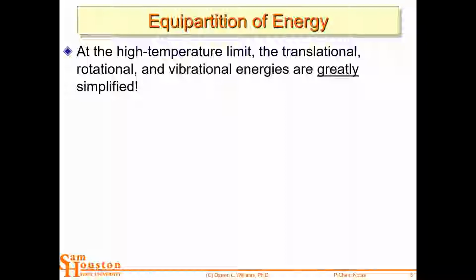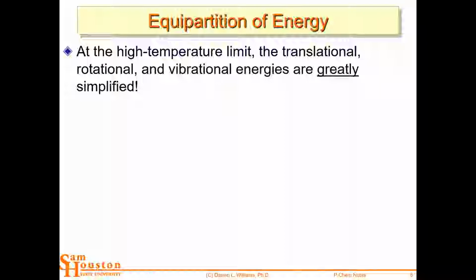So we're treating all the states as equal probabilities. Think of a 2-level system at really high temperatures. The probability of being in the excited state and the ground state approaches 50-50. That would be an equipartition condition, where they're equally partitioned between the upper state and the lower state. So this is the case for high temperatures. When you hear equipartition, think high temperatures.